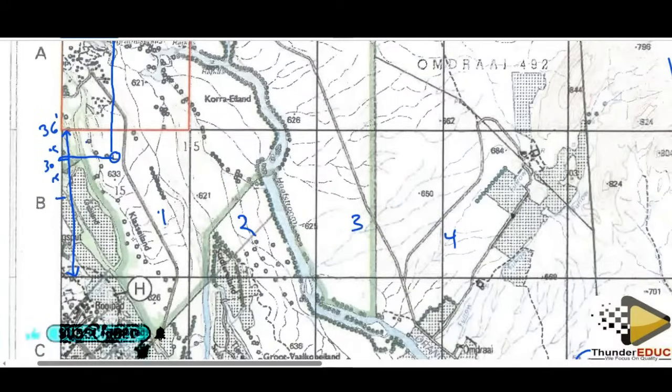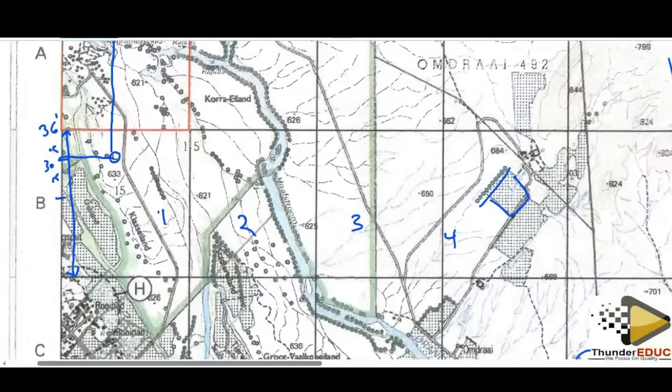So how are we going to tell the wind direction here? We're going to look at the rows of trees. This is a farm here, and we all know the importance of the rows of trees along the farm is to act as wind breakers. It means they reduce the strength of the winds.